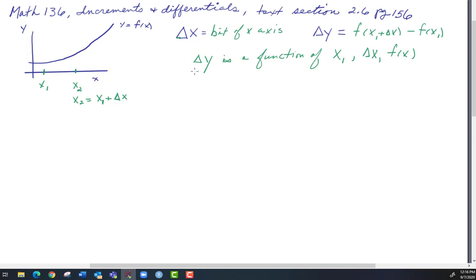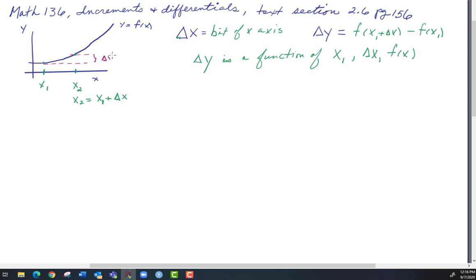the size of the delta x that we pick, and the function that we're talking about. So the change in y, if I move an amount delta x, if I move that amount right here, then the change in y, and you can see that I'm indicating spots on the graph, I think I'll change color again. Then the change in y, as I move from x1 to x2, would be this amount right here.